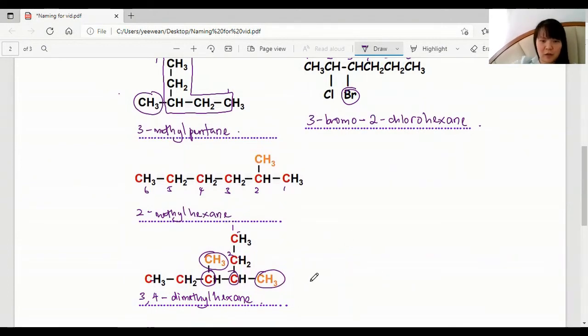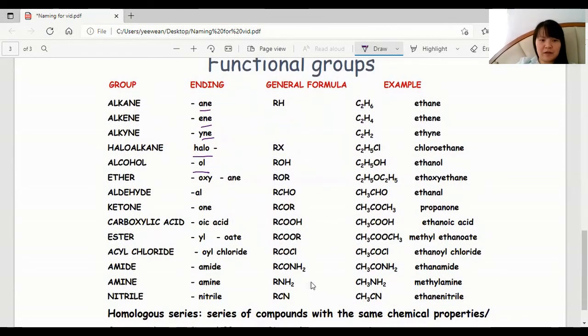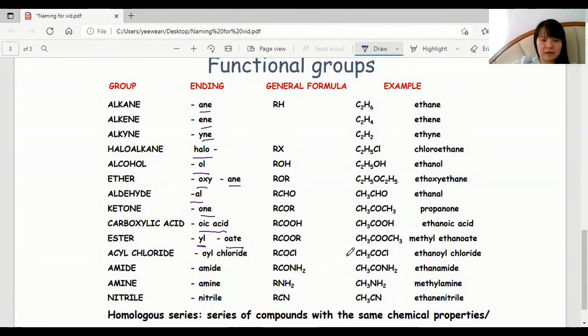I'll show you that in a while. Ether, it goes by oxy and ane. Aldehyde ends with al. Ketones end with one. Carboxylic acids end with oic acid. Esters, in the middle we'll have yl, and the ending has oate. Okay, we'll just cover up to that for now.